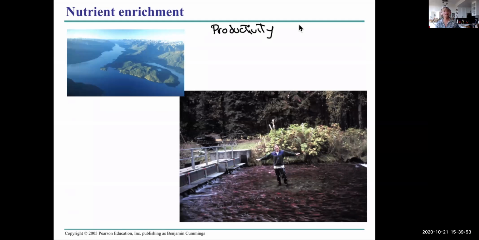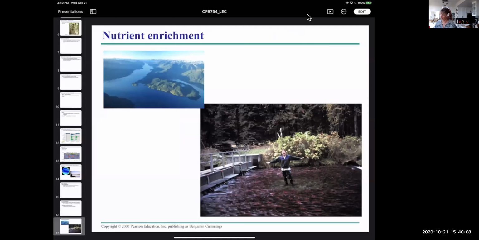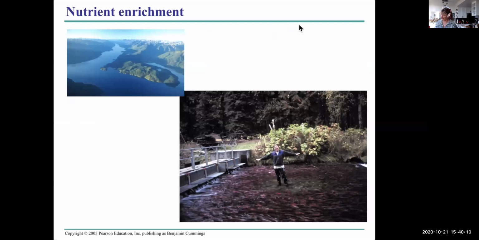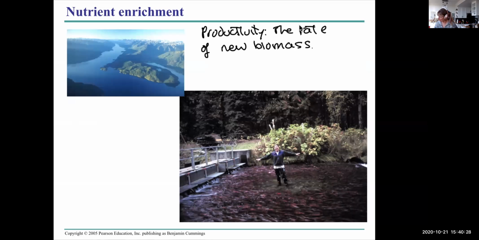So primary productivity will be the productivity of plants, the photosynthesizers. So productivity is the rate of new biomass accumulating at any level.